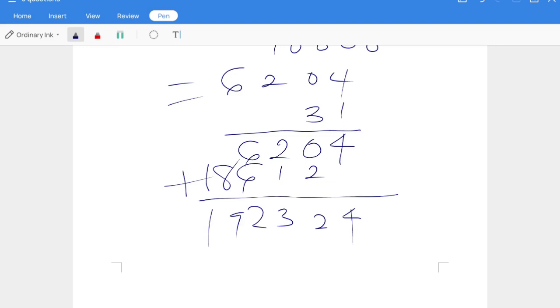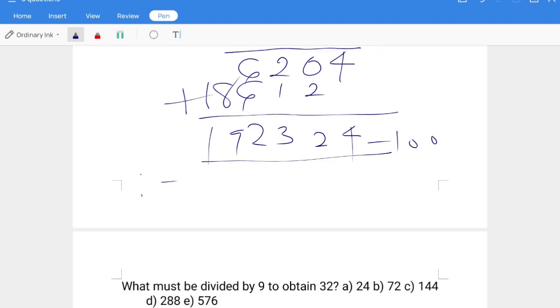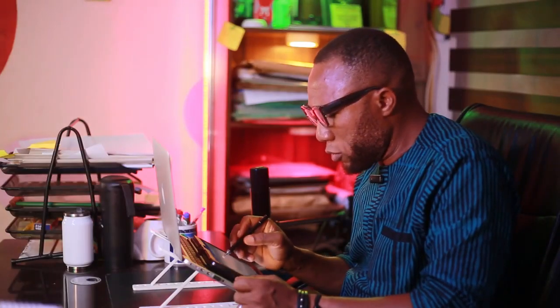We have 192324, divided by 10,000. If you divide this by 10,000, it will give you 19.2324.